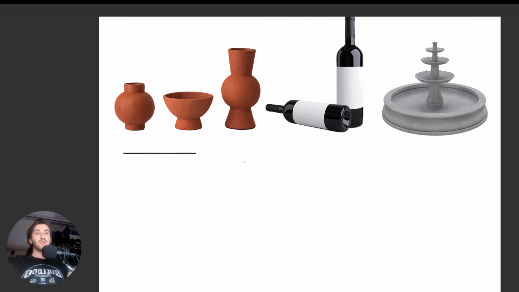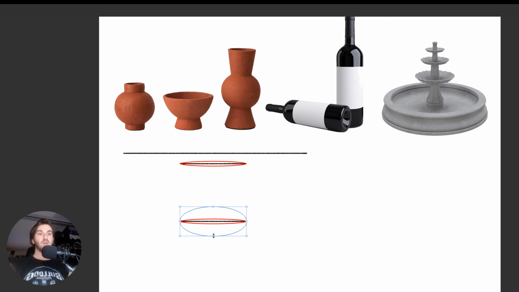The basic idea is, if you have a horizon line, the ellipse that will be in here will be flatter because it is closer to the horizon line than the ellipse, let's say, that will be in here, because it is further away from the horizon line, so we are able to see more of it.